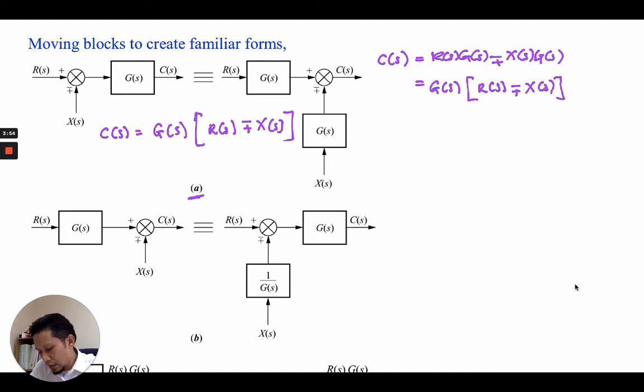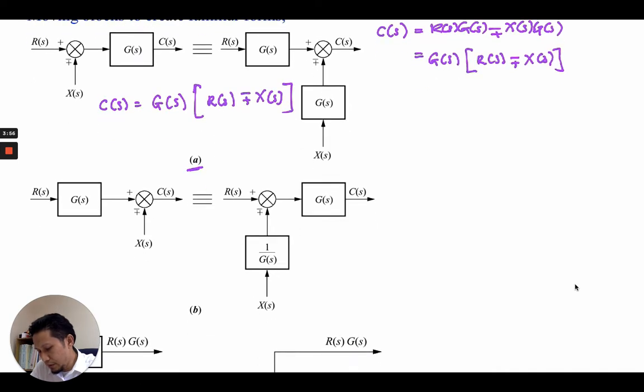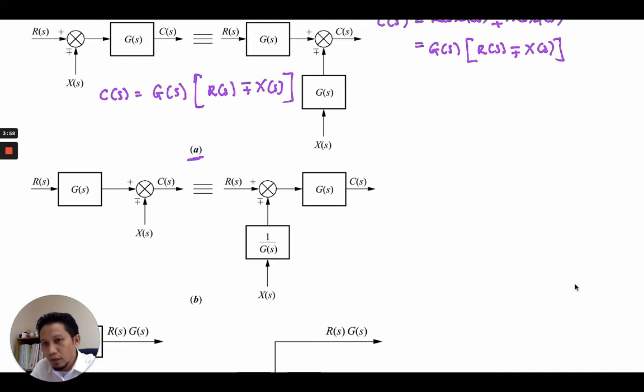Okay, the next one we have similar forms, but this time around we have the subsystem G(s), and in front of the subsystem G(s) we have the summing junction.